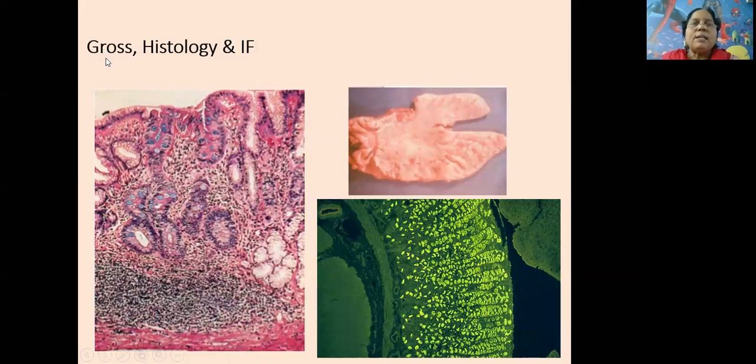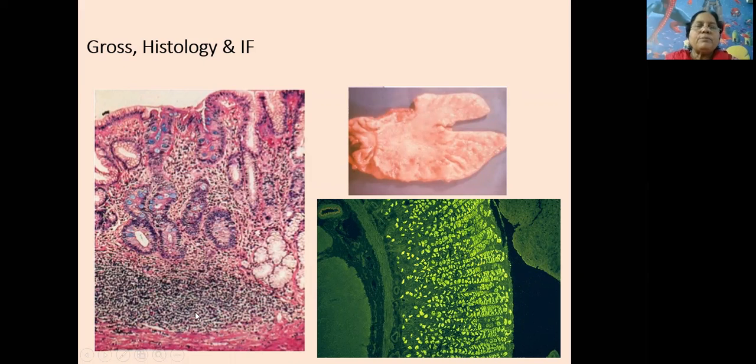So grossly, what happens? Here, what is seen? Here we get the rugae. Rugae are present here, but in this area there are no rugae. It is flattened and smooth. Mucosa is atrophied. So see here, the mucosal atrophy, and there are some secreting cells seen here, and there is infiltration by lymphocytes, lymphocytic infiltration.